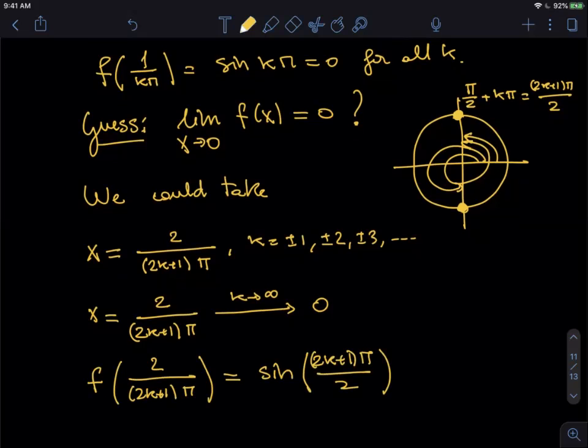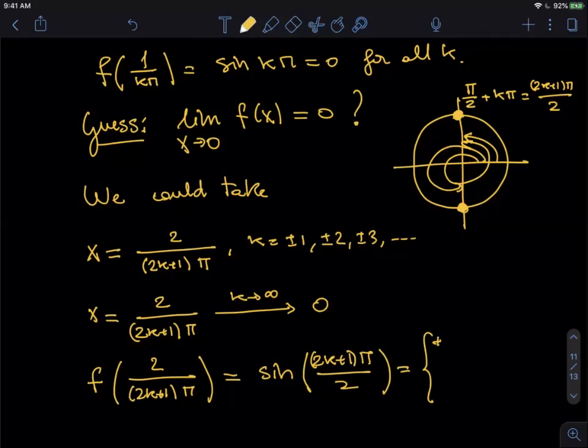And now what happens here? So notice in the circle, the sine of (2k plus 1) pi over 2 sometimes is 1, sometimes is negative 1. Okay, it depends on if the k is even or odd, basically.